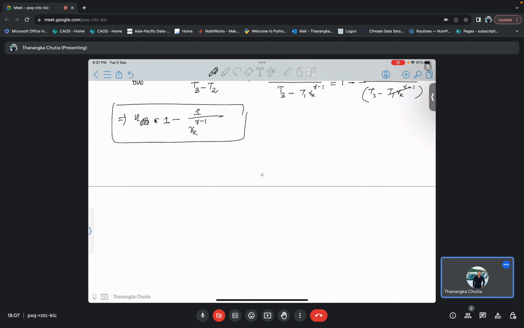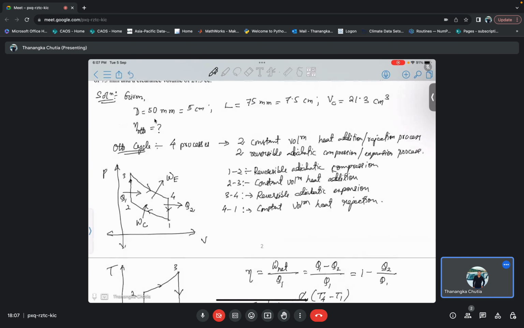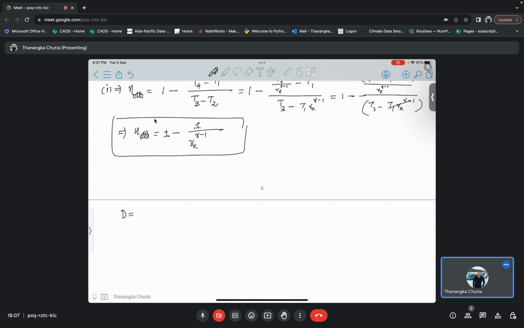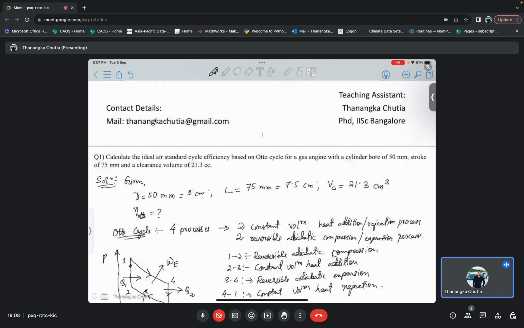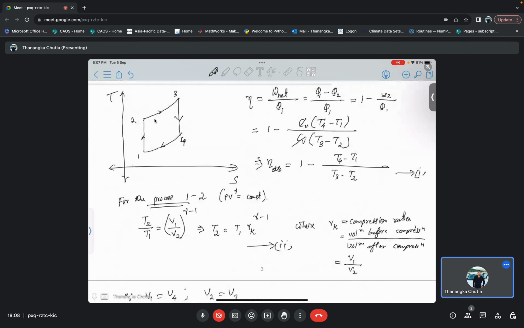Okay, so we are given D is equal to 5 centimeter, and we are given L is equal to 7.5 centimeter, and we are given clearance volume Vc is equal to 21.3 centimeter cube.